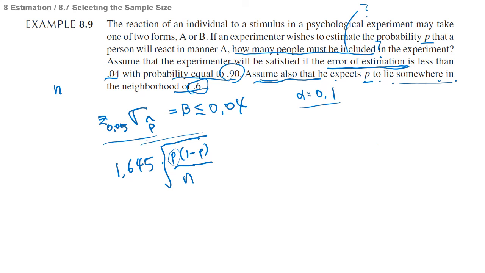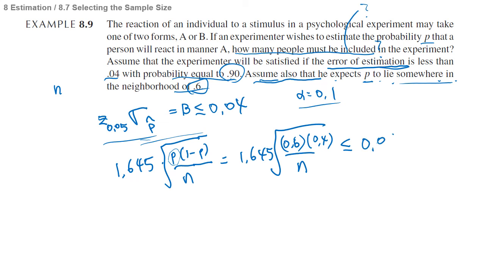So we can put 0.6 in for p here. So this is 1.645 times the square root of n here, where p is 0.6 and 1 minus p is 0.4, and this is less than or equal to 0.04.